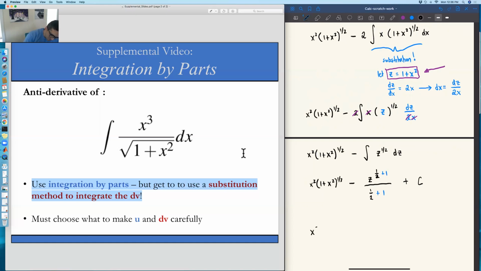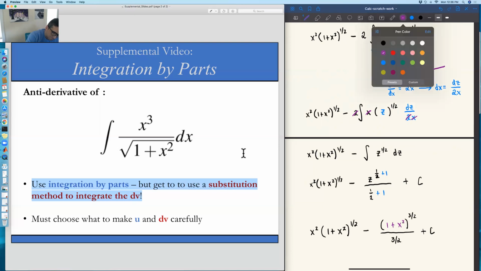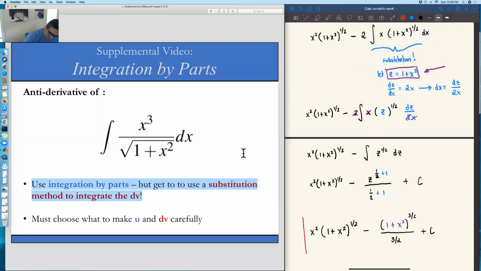So finally, our antiderivative in this case is x squared times the quantity 1 plus x squared raised to the 1/2 power minus 1 plus x squared to the 3/2 power all over 3/2 plus c. And that would be our final antiderivative in this problem.